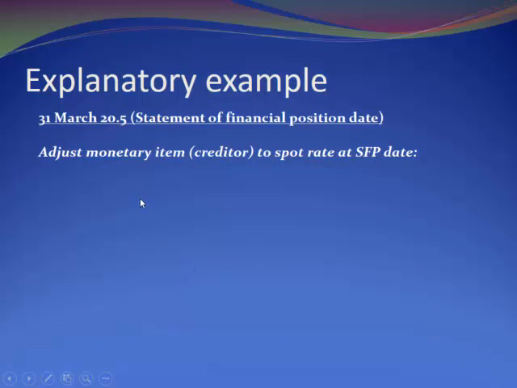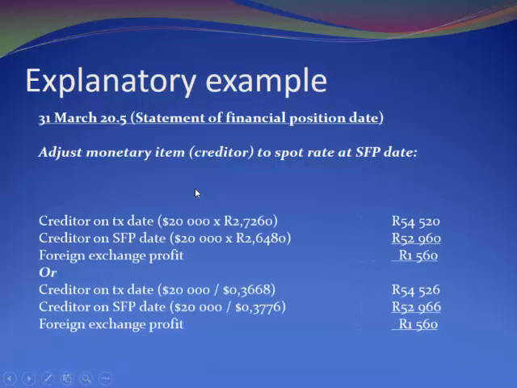Then on the 31st of March, that will now be our year end. We have to adjust the monetary item. Remember now, the asset has been in our books at the spot rate at the date of the transaction, and because the PPE is a non-monetary item, it does not need adjustment in the future. Whereas the creditor is a monetary item, and for that reason we will now go and calculate and restate the creditor.